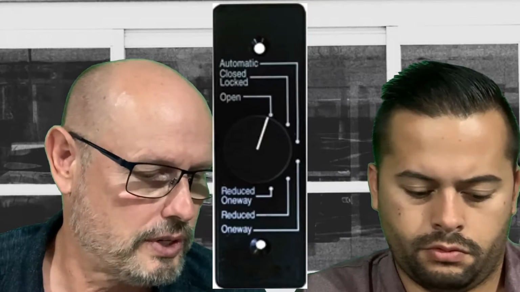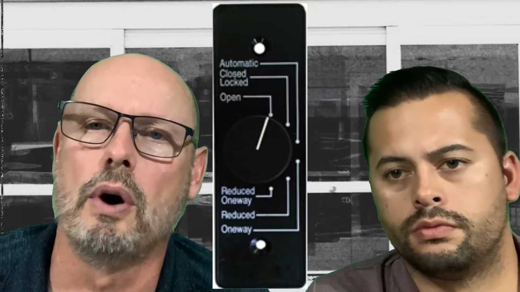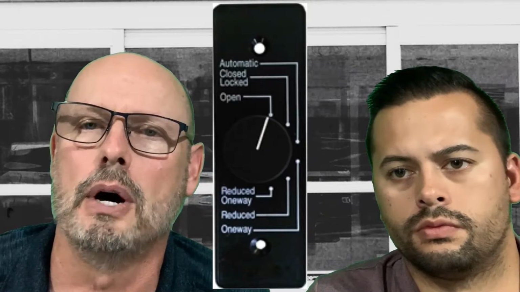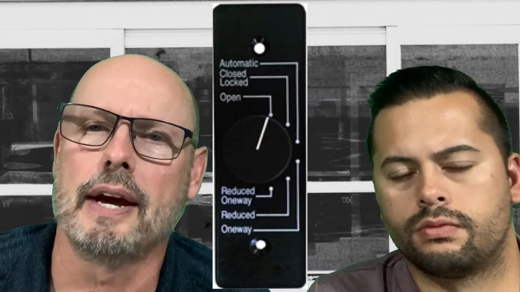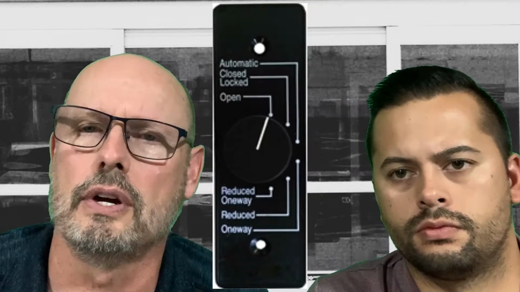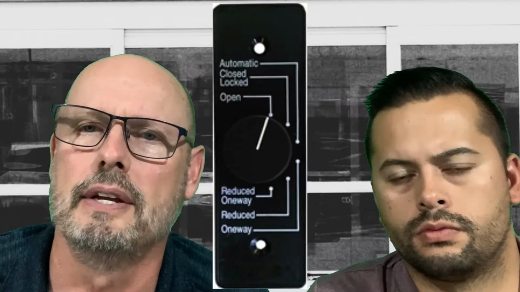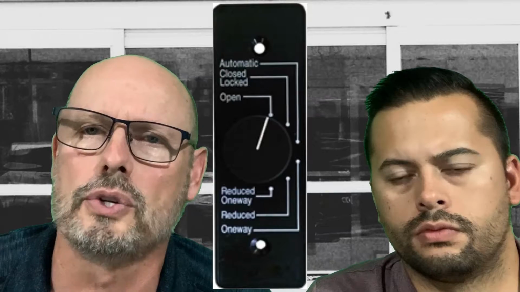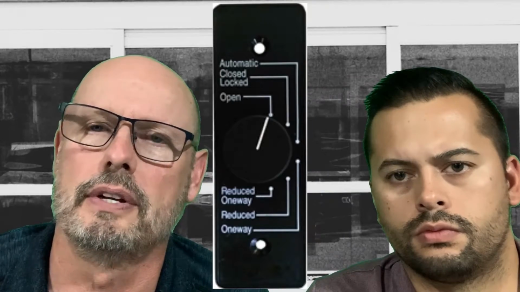The next position is a reduced one-way mode, and that generally would mean that the door is only going to operate in one direction.